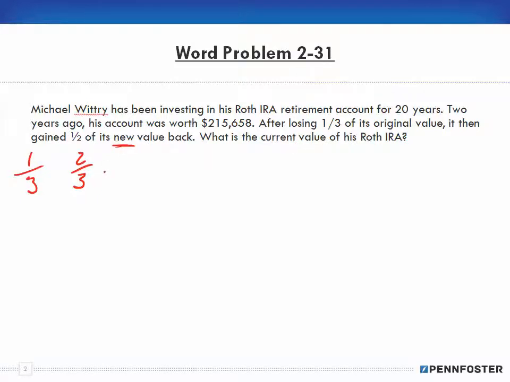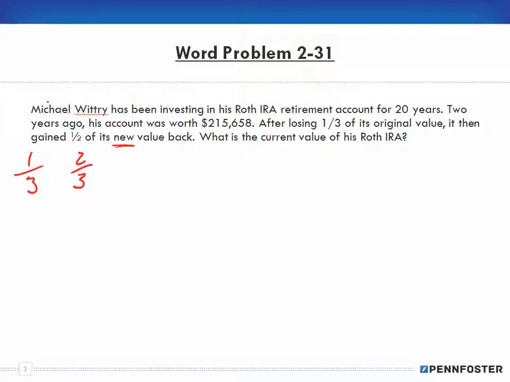Right, so you can kind of do this problem two different ways. You can look at it from the loss side, or you can look at it from what he has left side. You're going to arrive at the same answer, but which way you choose is going to determine how big the numbers you're going to play with. I'll try to work through both so that you can see what I mean. Also, this problem is going to be a little unique, and you'll see that when we arrive at the answer.